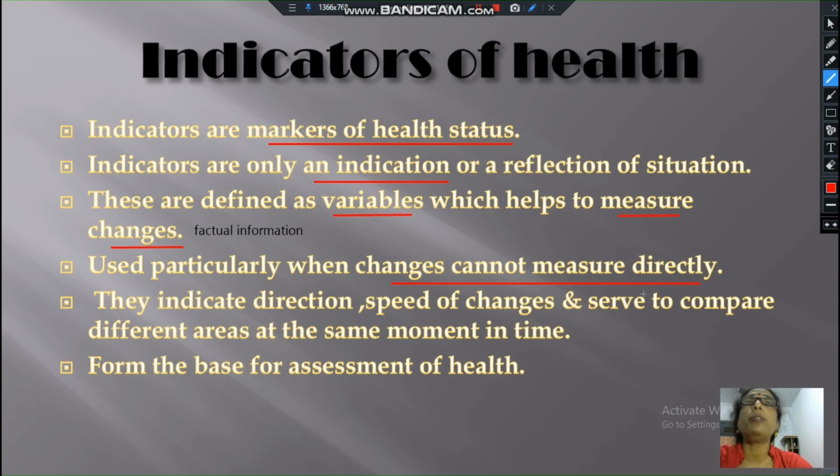Since we have a problem in defining health, indicators show the direction and speed of changes and serve to compare different areas at the same moment in time. That means it indicates the progress or failure and how fast or how slow the changes occur, and also compares the health status of the population at the same time in different geographical locations, and it forms the base for the assessment of health.